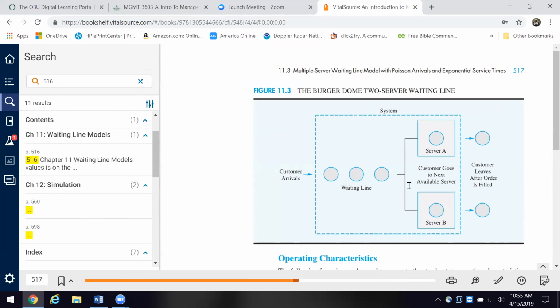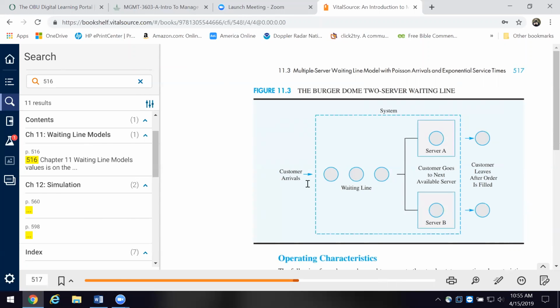Well, let's talk about this for just a moment in terms of what we see here. We have the customer arrival. Now again, we're working off some probability theories, basically the Poisson theory about when and how customers arrive. We assume that they arrive in waves. And then folks come into the waiting line, and then they go to either server A or server B, depending upon which server is open.